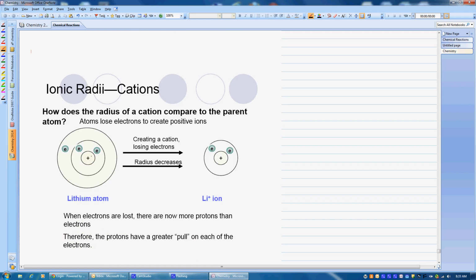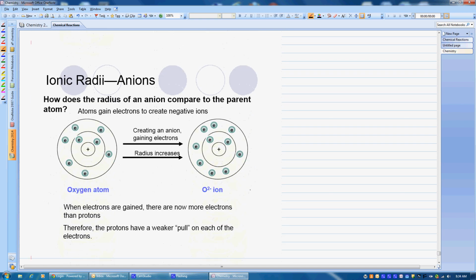So if we look at a lithium atom versus a lithium ion, the atom's going to be larger because the ion has lost an electron. So when we have a positive ion here, it's going to be smaller because it's gotten rid of an electron. Negative is the opposite.